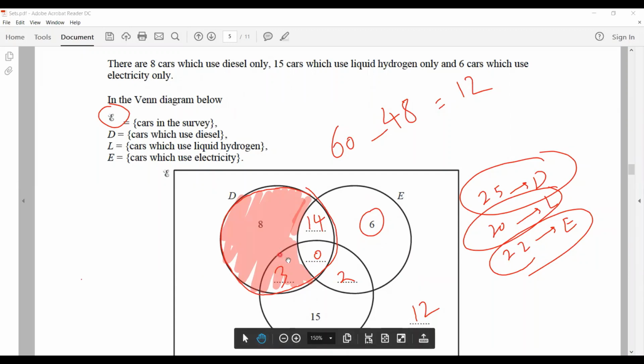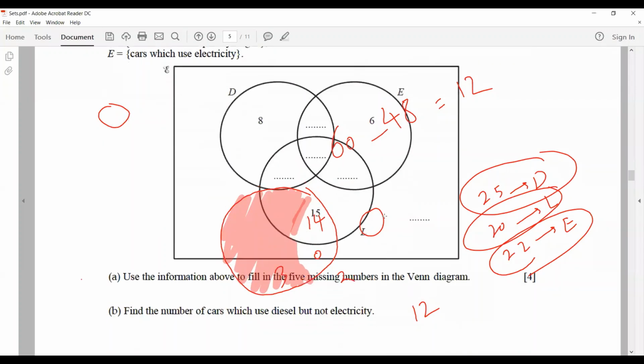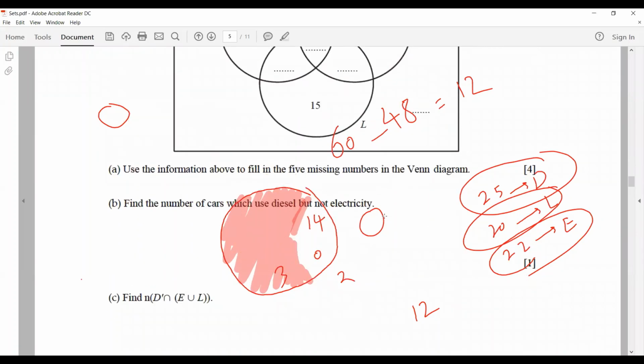They didn't mention that. So the only limitation we have here is they shouldn't be using electricity, right? So that would be 8 and 3. So that is 11. The answer for B is 11.